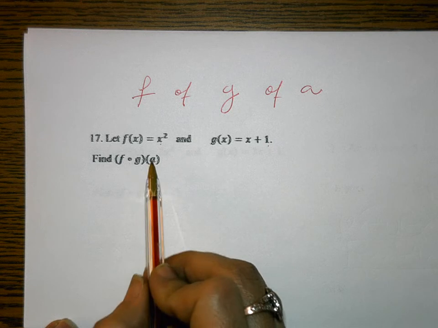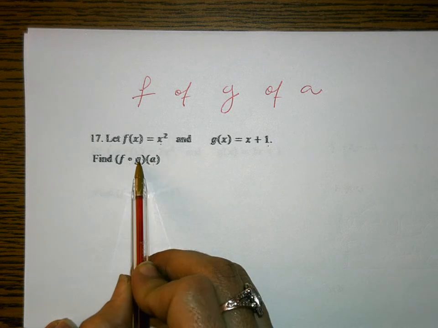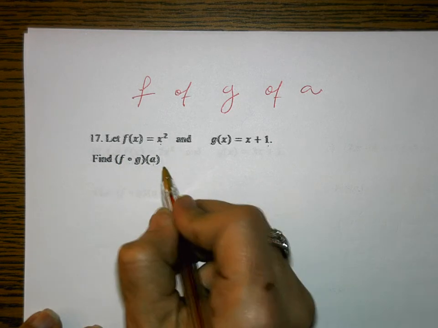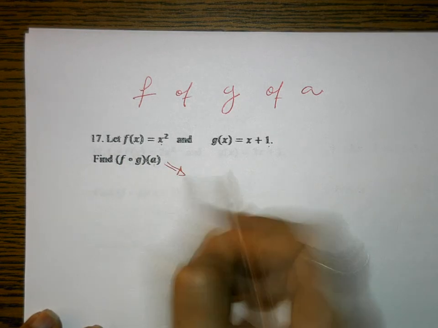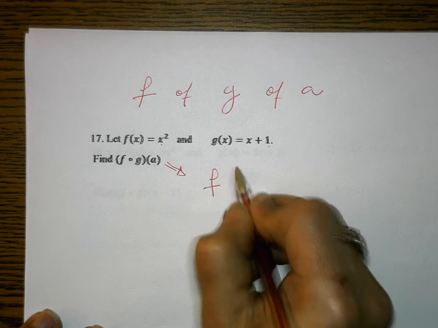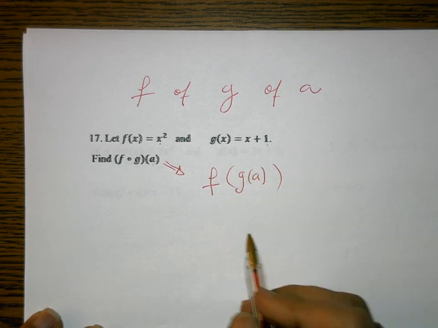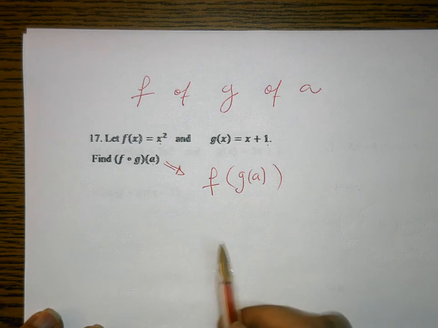So I want to plug in a into my g function, and then when I'm done, I need to plug that into my f function. Another way of writing this, I'm going to rewrite it right here, is saying I want f of, now I want g of a, okay? So that's why you need to be familiar with both ways.